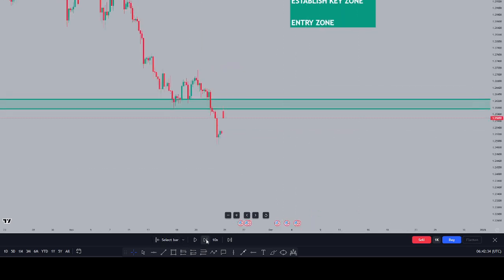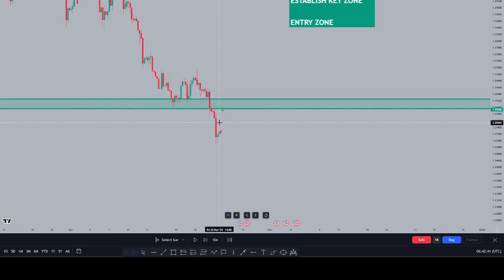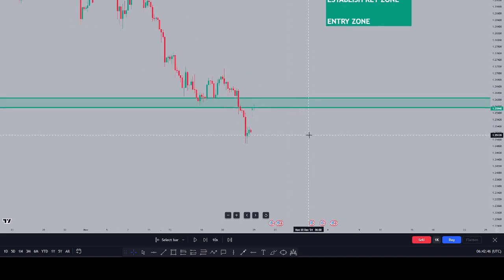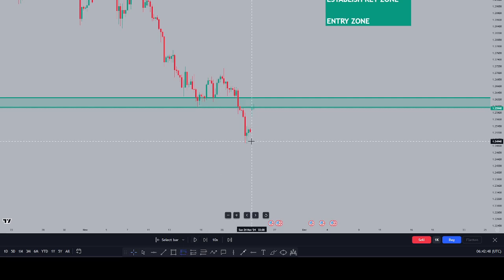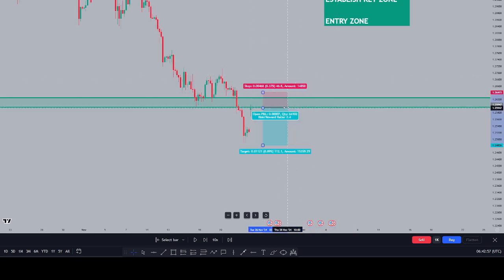The next thing that we have to do right now is to allow the price action to come to our point of interest where we want to buy, sorry, we want to sell. At this point of interest, there are a lot of traders whose system for execution is to set a limit order at a point of interest and allow the price action to do the magic. Some use sell limit order or sell stop or buy limit order or buy stop. I'm not saying that style of execution is wrong, but I'm not that type of trader.